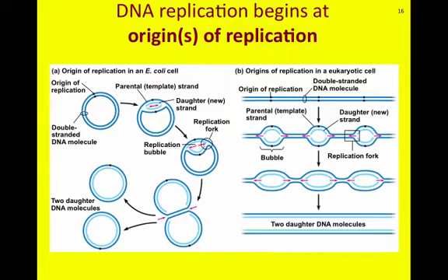Like before, the two parent strands, or template strands, will push apart, making way for the new DNA strands to be created. As those new strands are being created, they form a replication bubble, and again at the ends of these bubbles are replication forks. This process continues to eventually give rise to two new daughter DNA molecules that show the same semi-conservative model of DNA replication.